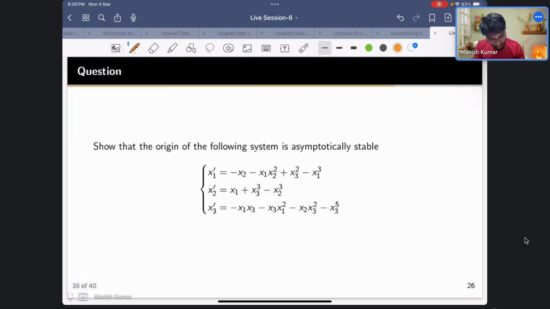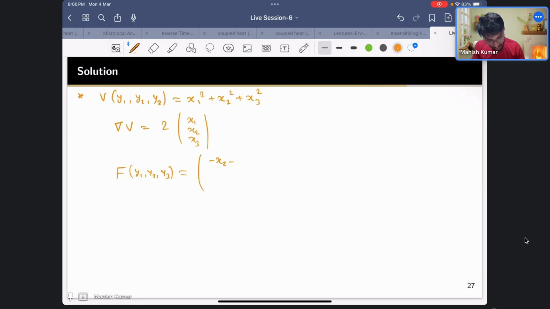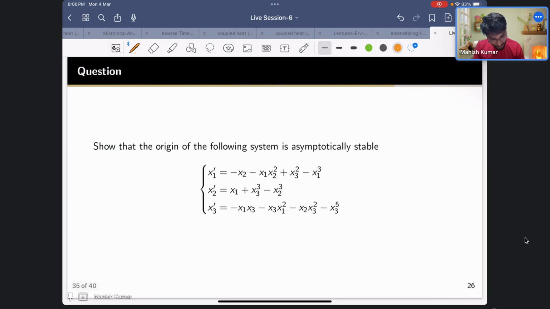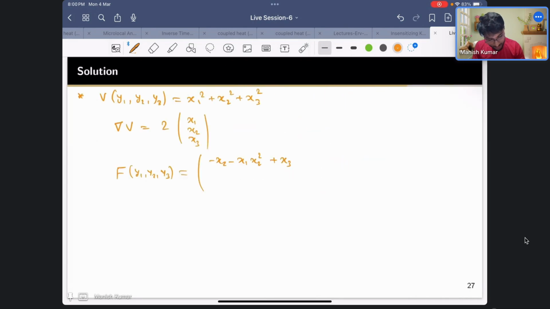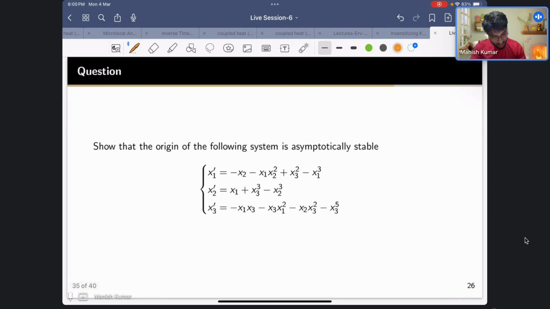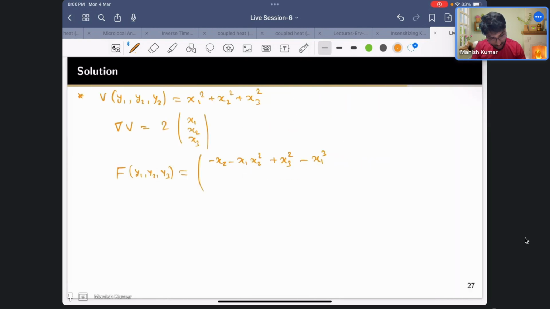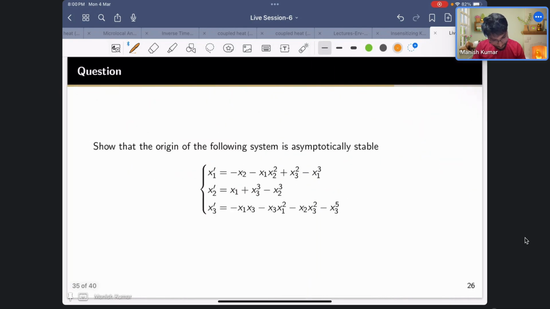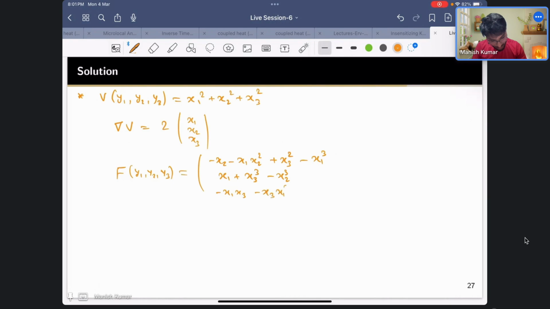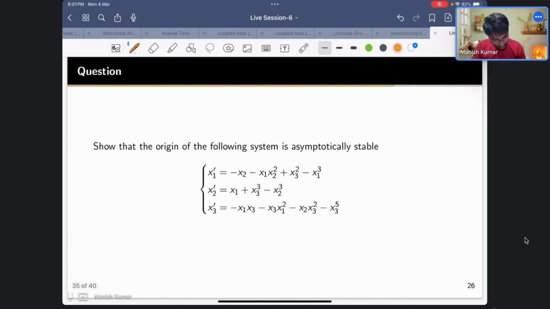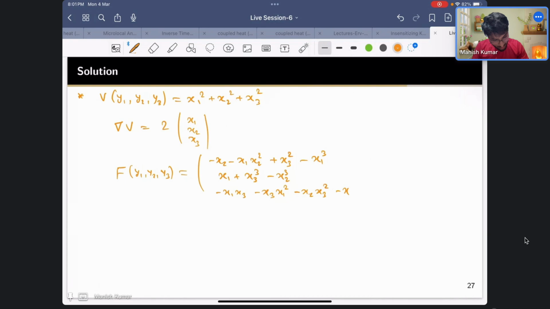So f is minus x2 minus x1 x2 square, and then plus x3 square, and then minus x1 cube, x1 plus x3 cube, minus x2 cube, minus x1 x3, minus x2 x3 square, minus x3 raised to the power 5.